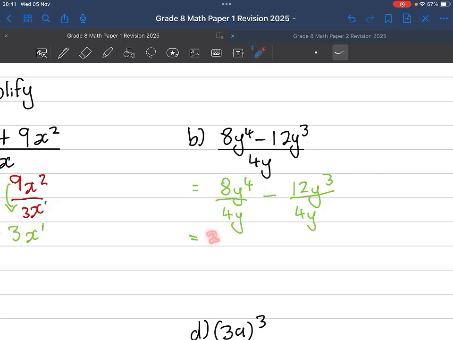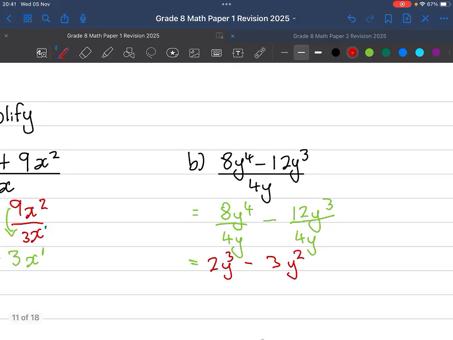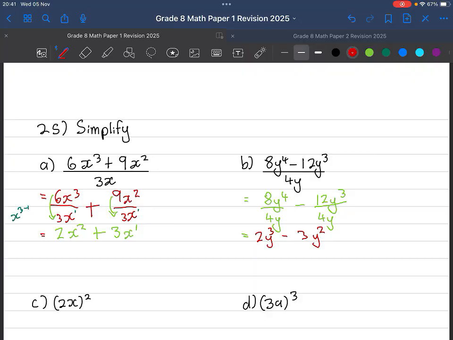So it's going to be 2y cubed minus 12 divided by 4 is 3. y cubed divided by y to the 1 is 3 minus 1, so y squared. Unlike terms, so we can't simplify any further.